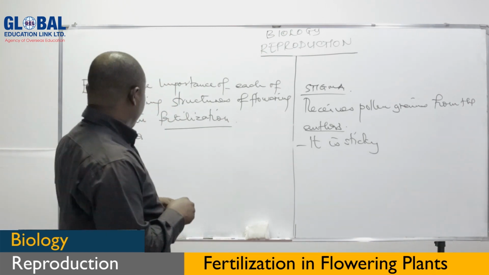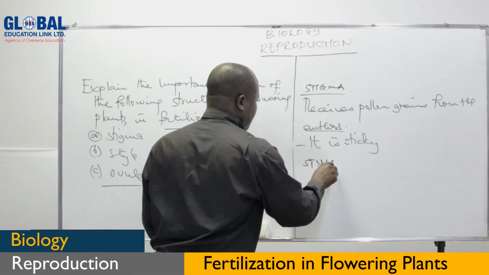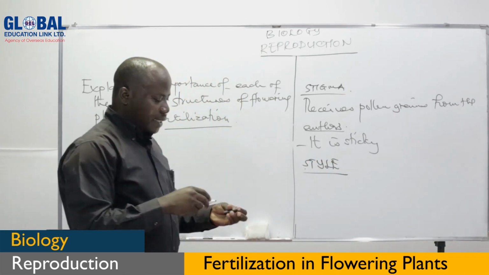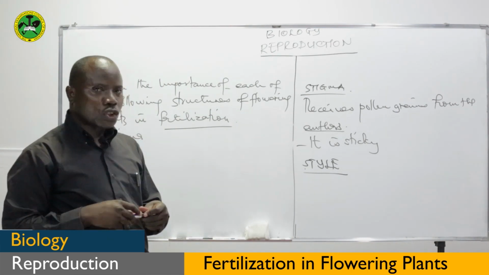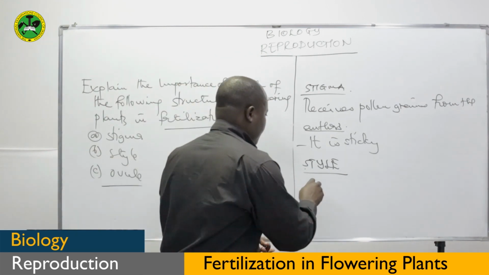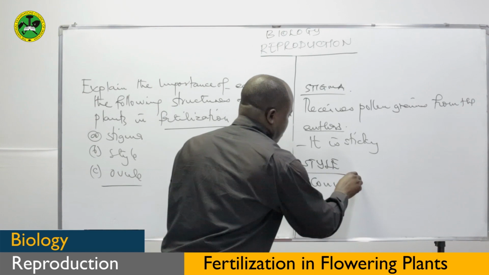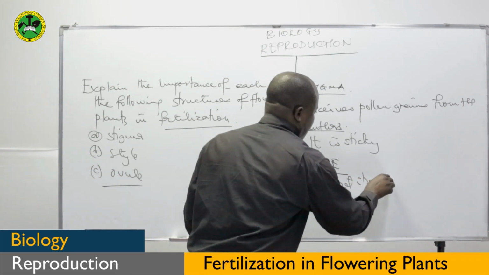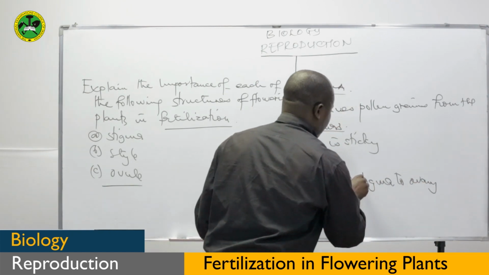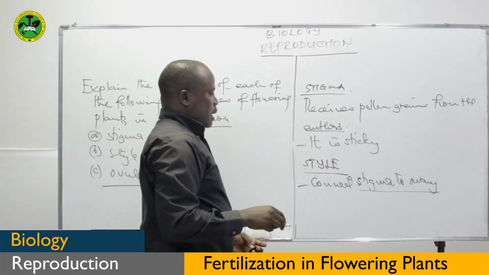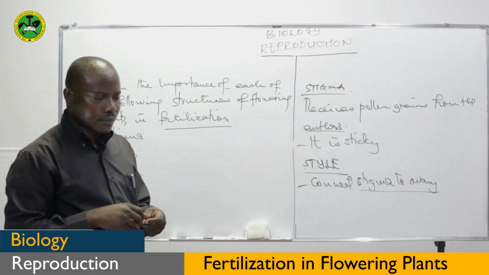Of the stigma. But also, there is style. A style is a structure that connects stigma to ovary. If it connects stigma to ovary, what is its importance?